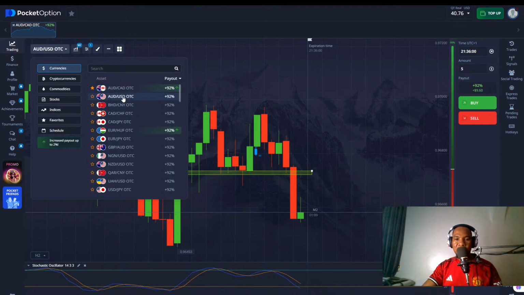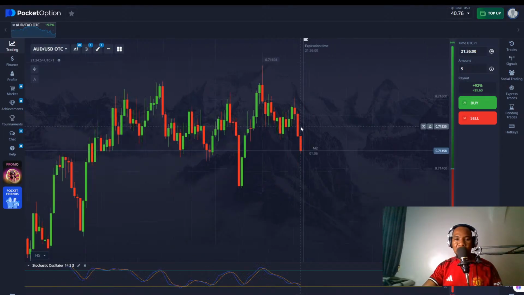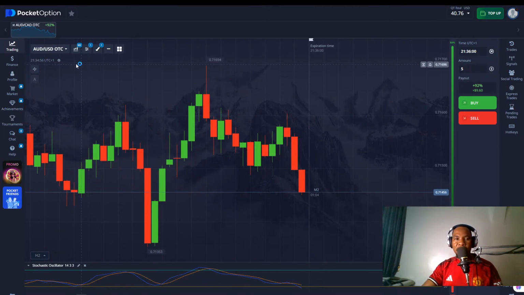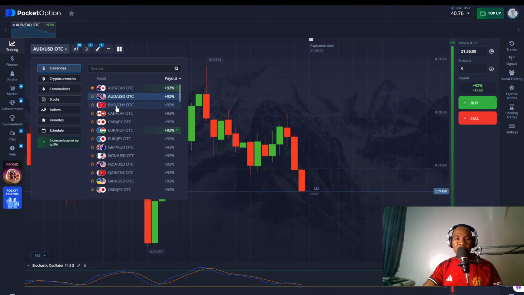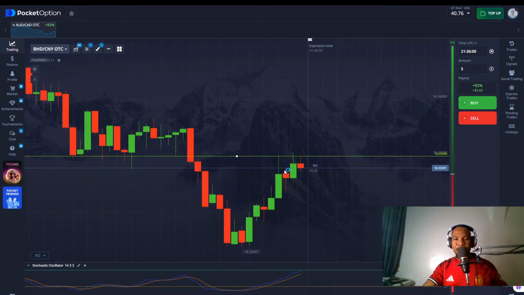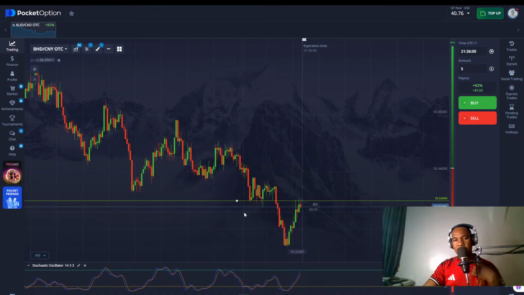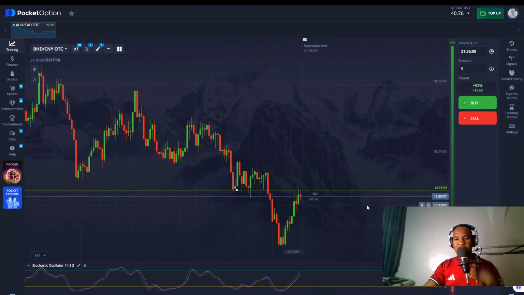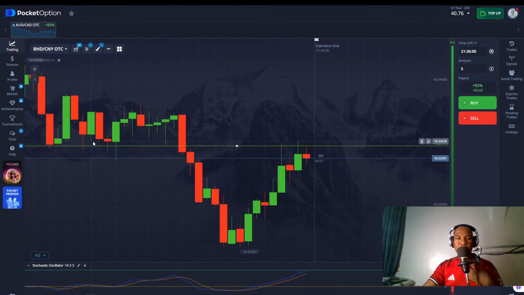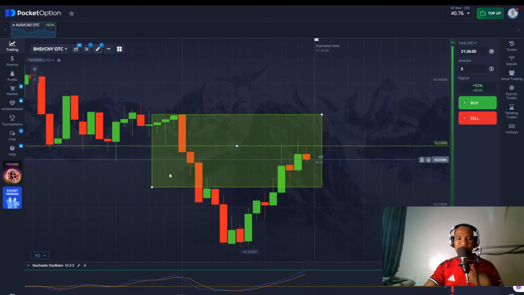I'm just going to continue checking the market, checking for a good currency pair. So look at this level of support turned resistance.